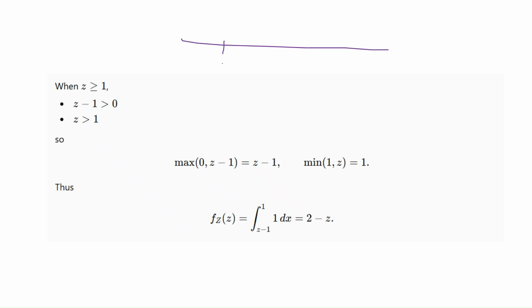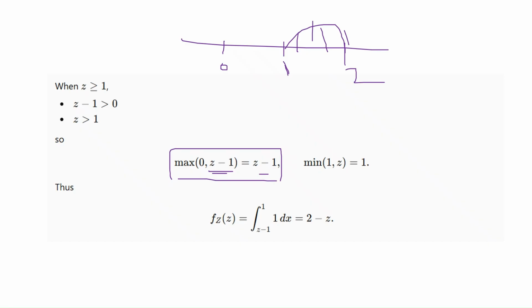Similarly, when z is greater than 1, which means in this range, this part z minus 1 would be greater than 0, which means the max would evaluate to this second term here, so the max is z minus 1, and the min of 1 and z would be 1 because z is greater than 1.